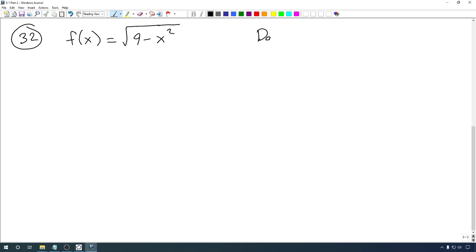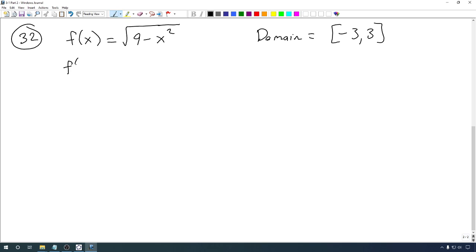Our domain here is actually the interval from -3 to 3, because these are all the numbers where x squared is not bigger than 9. It's 9 here, it's 9 here, but in the middle it's smaller. Outside of this interval it's bigger. That means we're only going to be looking at stuff from -3 to 3. We want to ignore everything else.